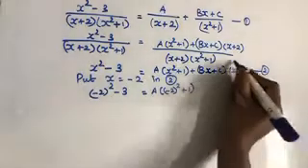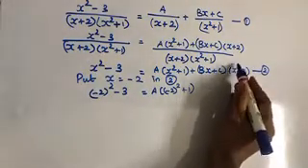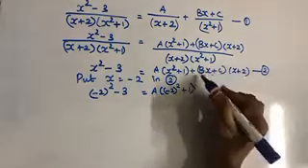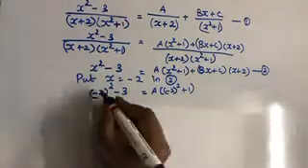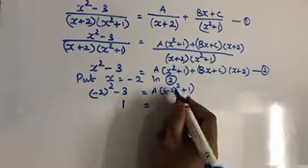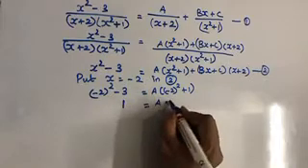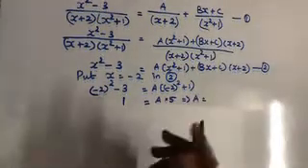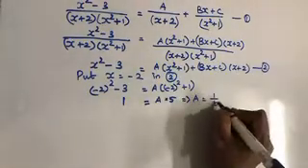Minus 2 square is 4, 4 minus 3 is 1, and 4 plus 1 is 5, a into 5. So that implies a is equal to 1 by 5.